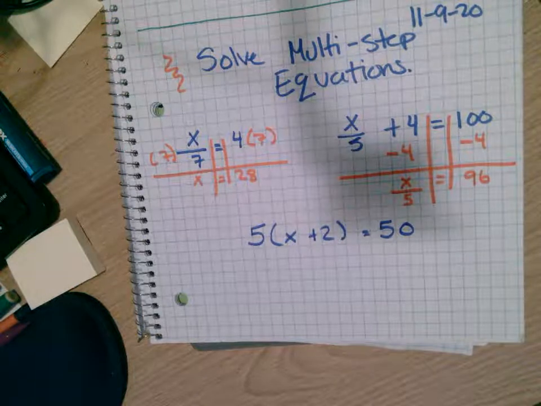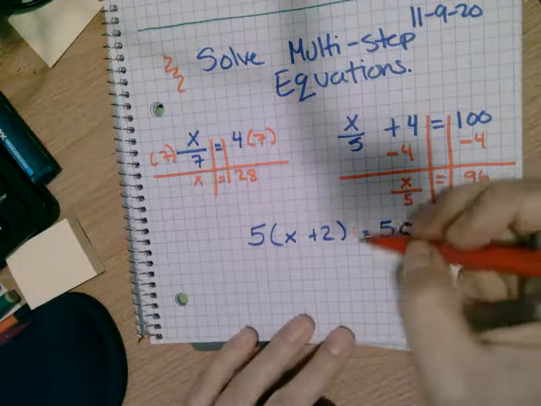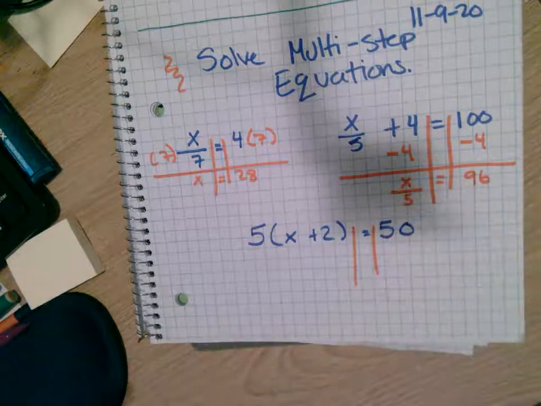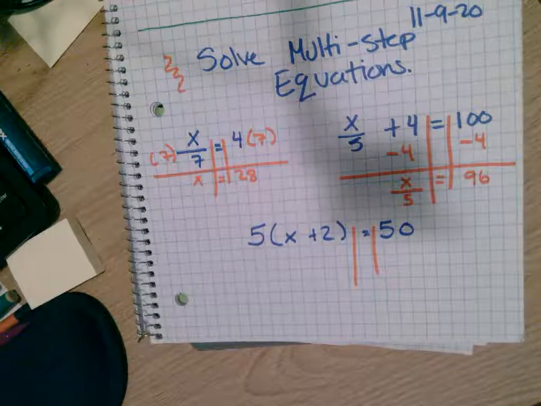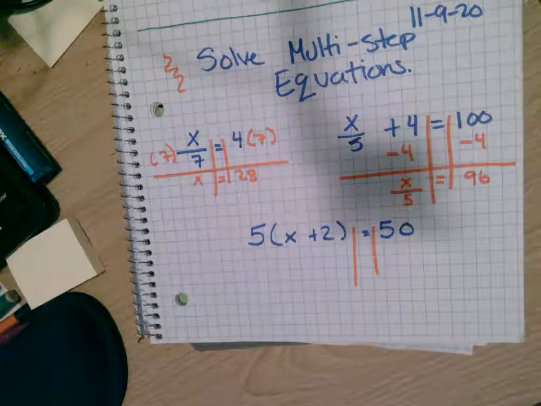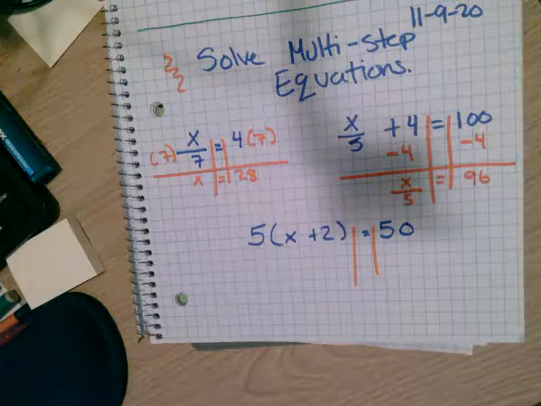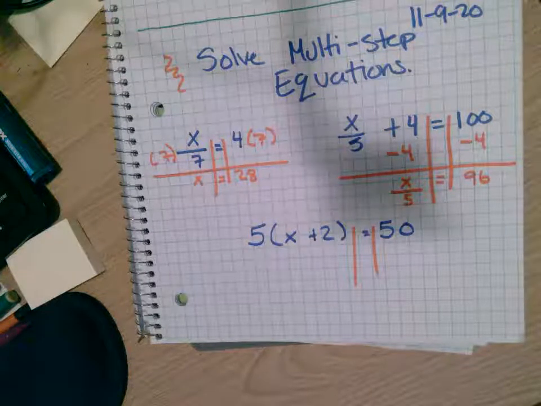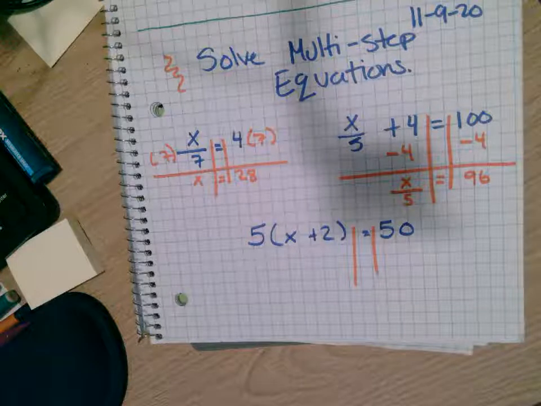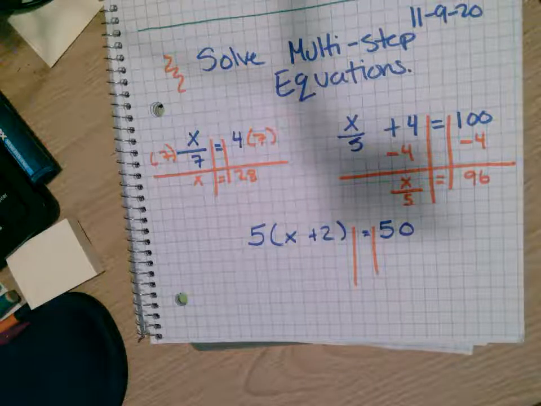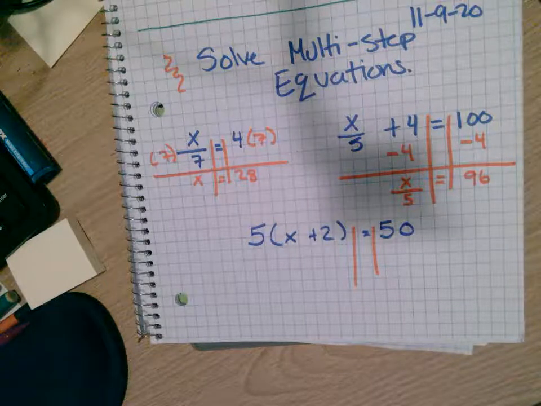Draw your bars? Oh, yeah. That's right. Trick question. You're right. Bars. Now what? What do you guys think? Take a guess. There's nothing to lose. Try to take away the 2 from the x. Okay.